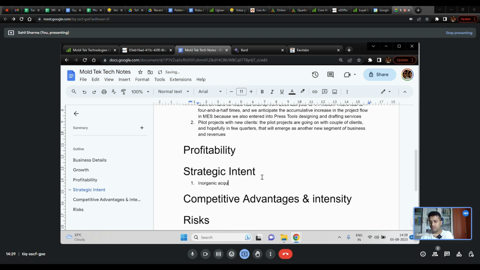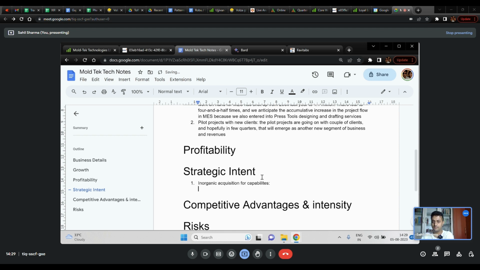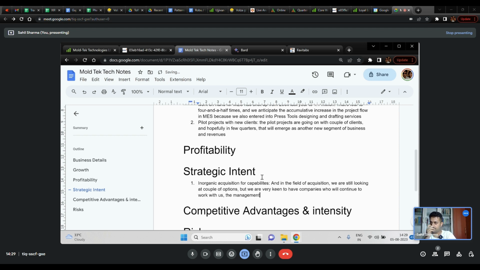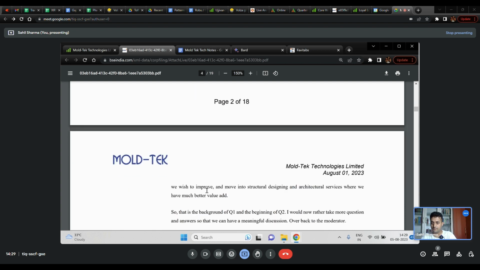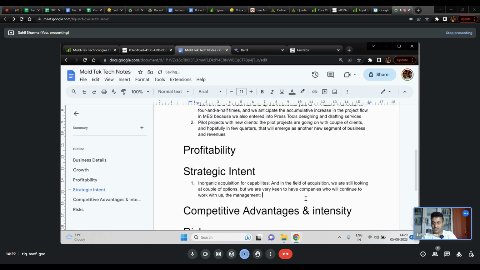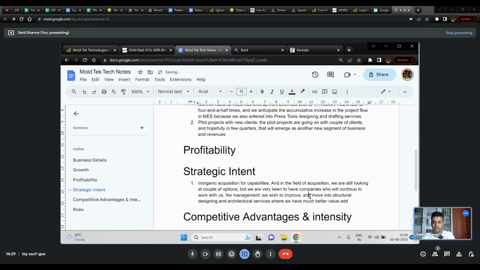Inorganic acquisition for capabilities. Right? And he has talked about the rationale of it. He wants to move into structural design and architectural services and have much better value add. Right.